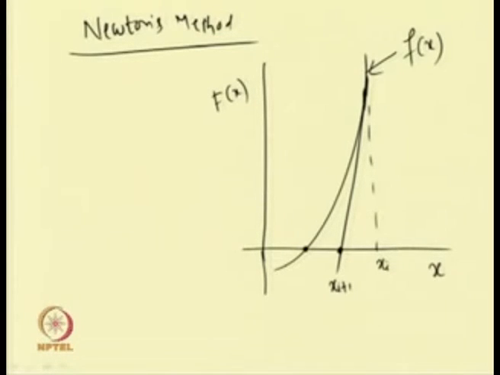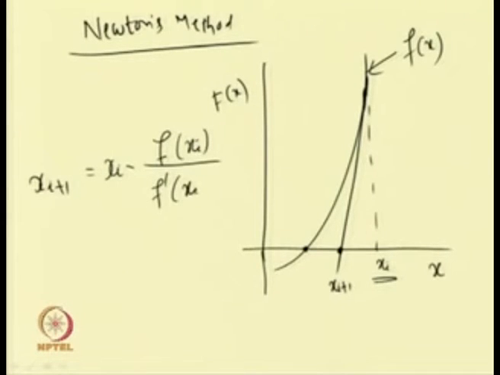Initially in case of Newton's method, we just take a point x_i, this is the initial point, and the next point we can find, that is x_(i+1). So, we can find this x_(i+1) equal to x_i minus f(x_i) by f'(x_i).